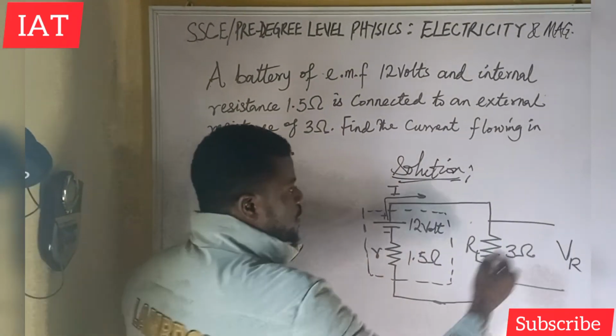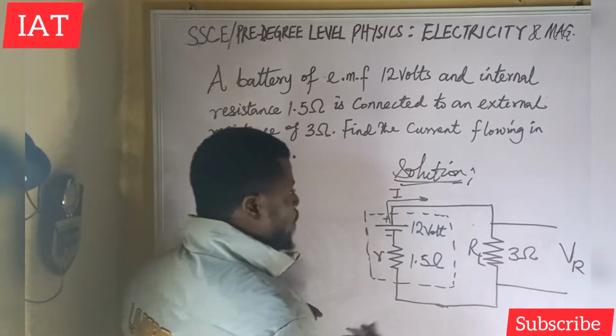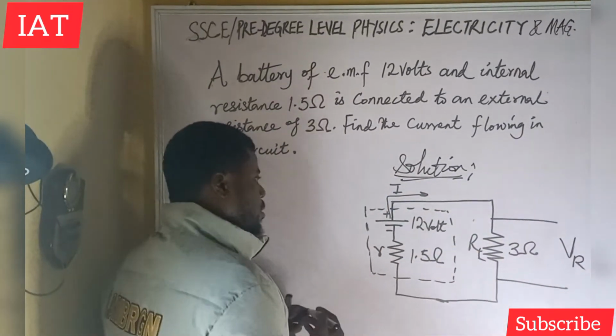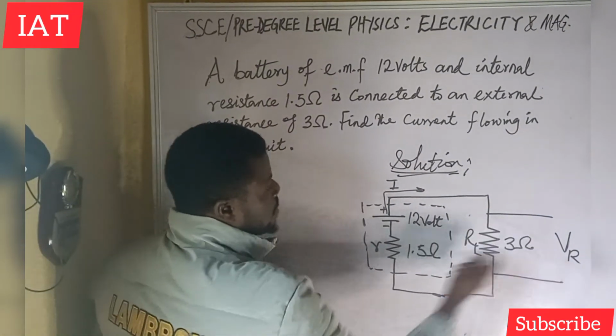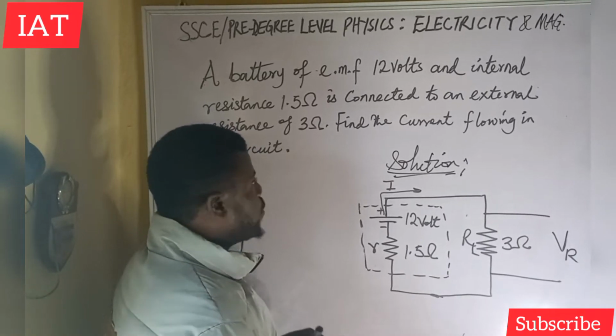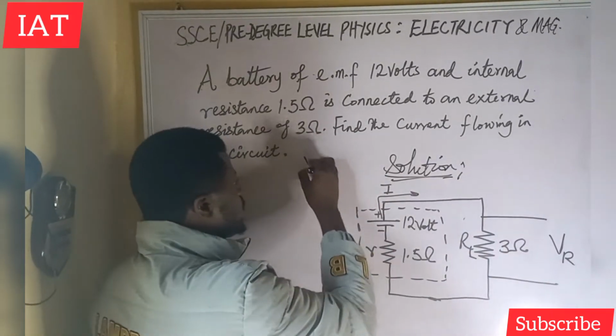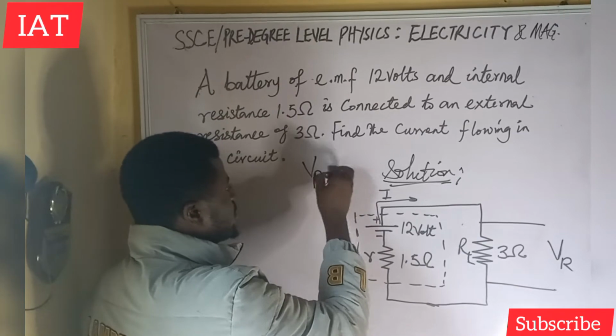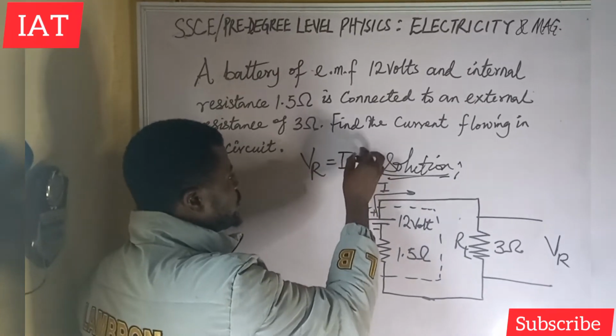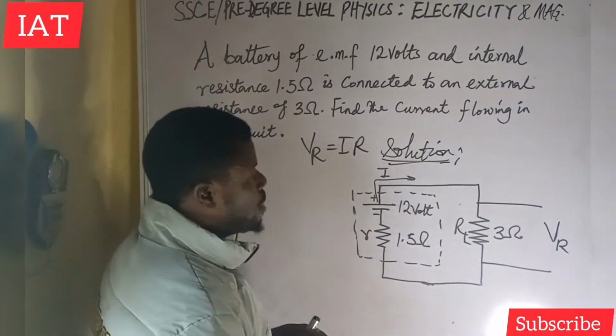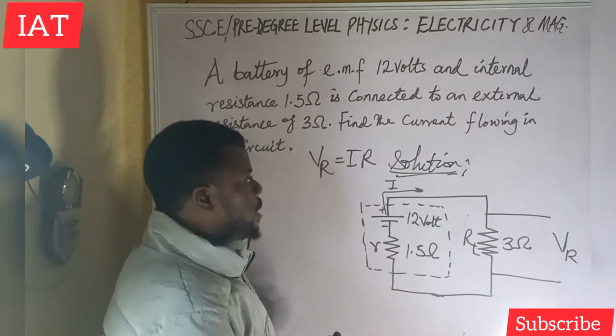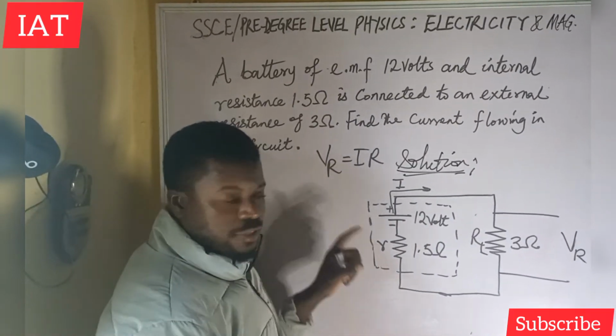Alright, this is the voltage across the resistor, and this voltage can also be calculated by using the formula for Ohm's law. Ohm's law states that the current passing through a metallic conductor is directly proportional to the potential difference.